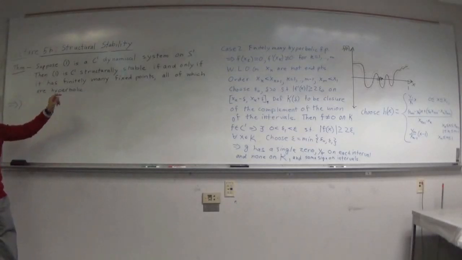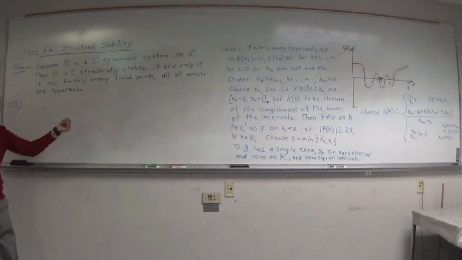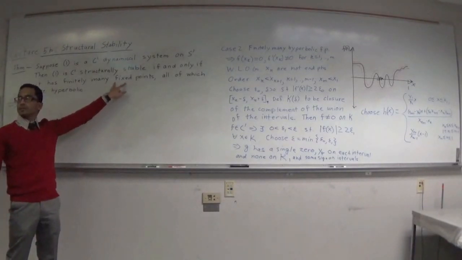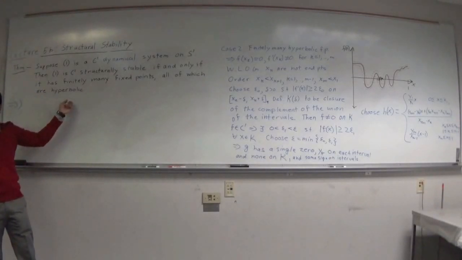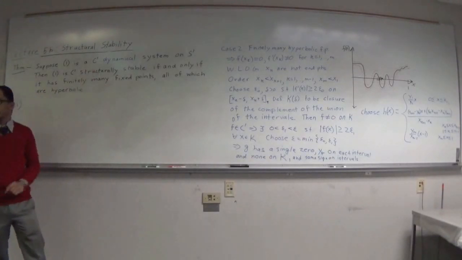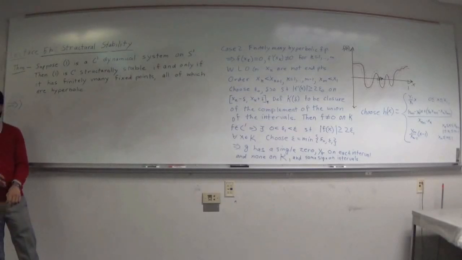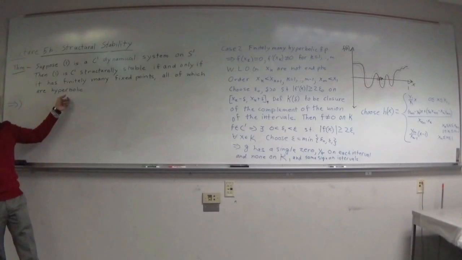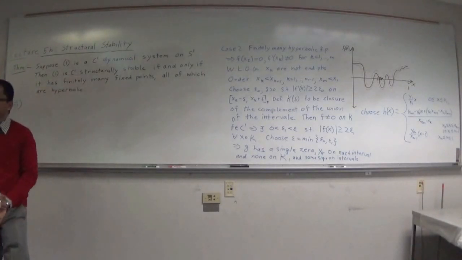So we can use the converse: if it has infinitely many fixed points or non-hyperbolic fixed points, then it can't be structurally stable. That's what we want to prove.